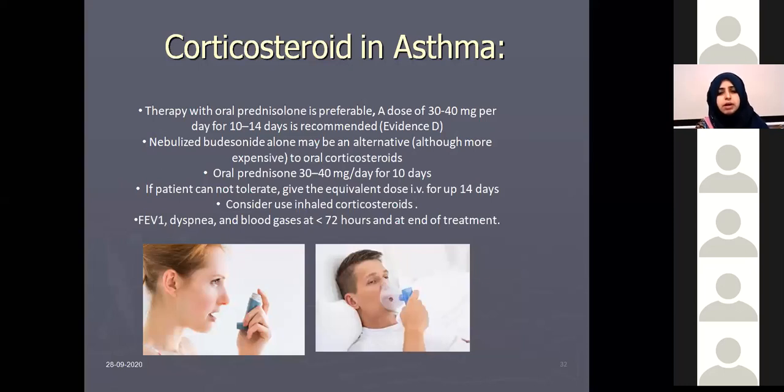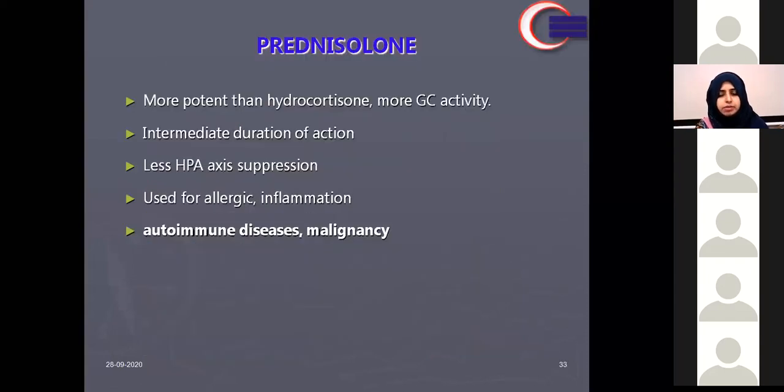In asthma, corticosteroids play a great role. Therapy with oral prednisolone is preferable, but sometimes nebulization is equally preferable. But first of all, we think about nebulization, then we will go for the oral one. Okay? So it is also important.